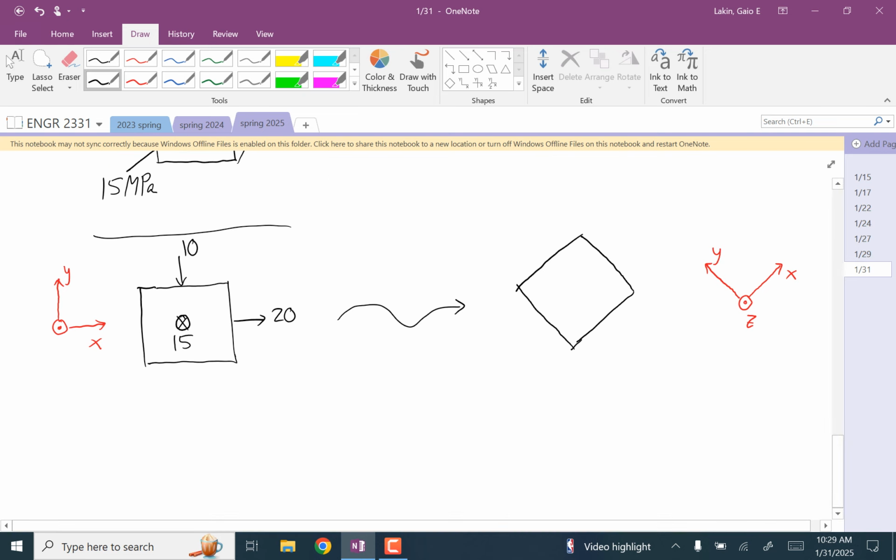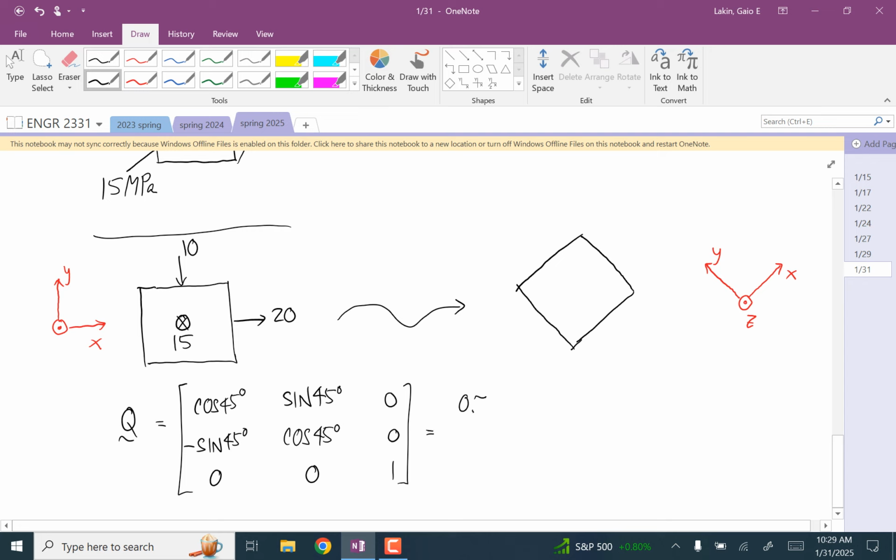So our rotation matrix Q is going to be cosine of 45, sine of 45, 0; negative sine of 45, cosine of 45, 0; 0, 0, 1.